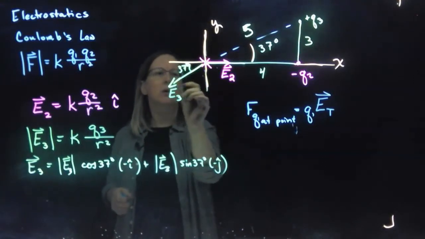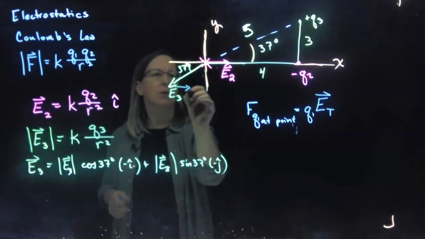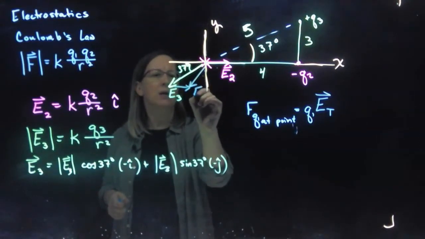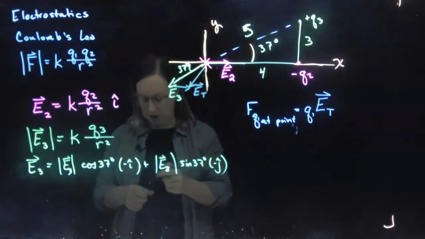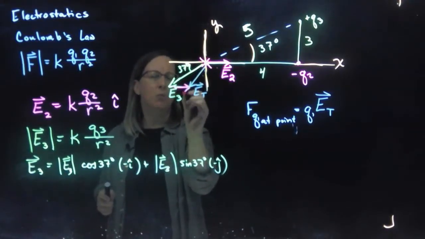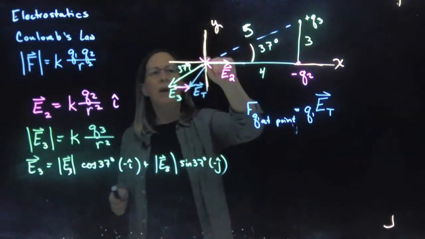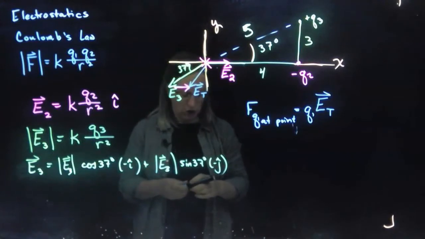And the total electric field would be E3 plus E2, here would be my E total, right? So this is basically the same thing we did before, but what an electric field does is say, what would happen if I put a positive charge there?